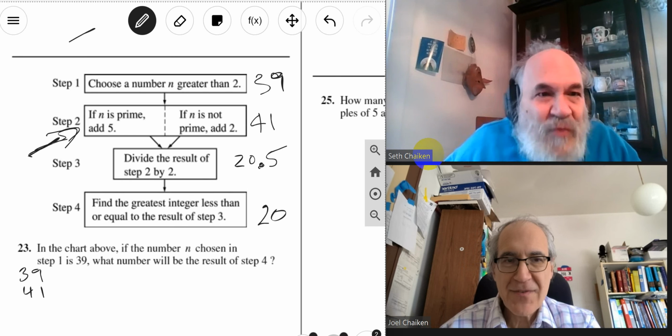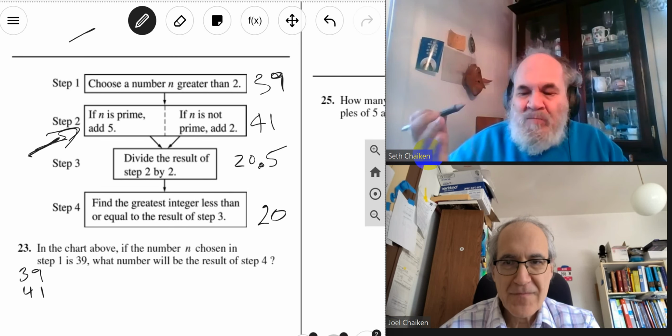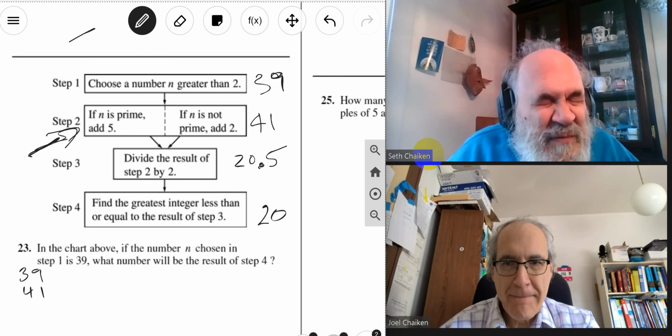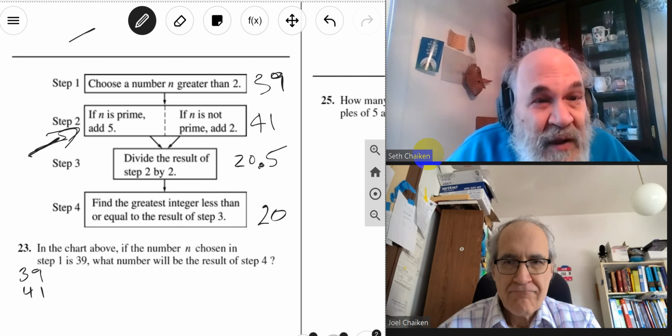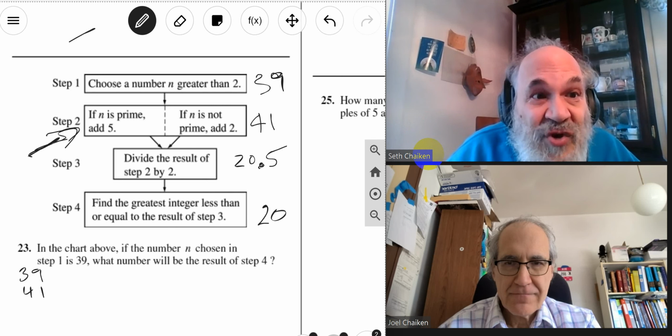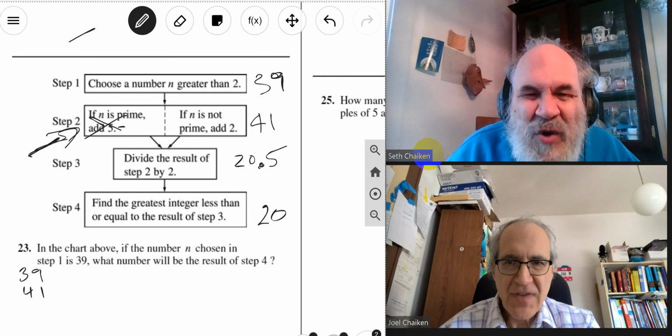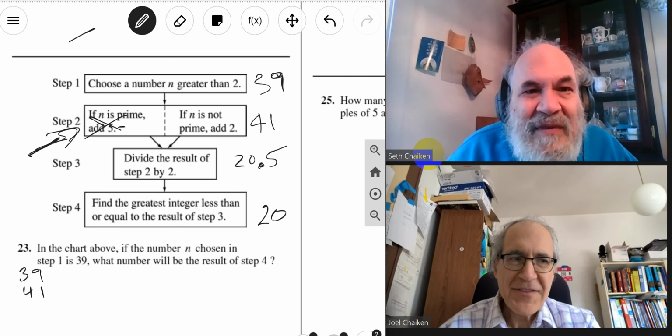Notice that when you get to step 2, in this example, you find that n being 39 is not prime, and so you could merely skip this part. Don't bother adding 5. Okay, I think we're done.